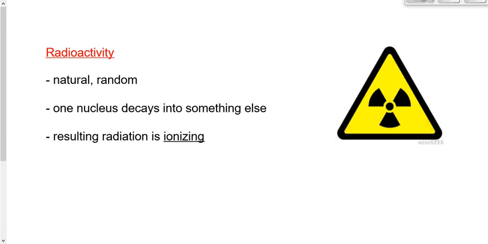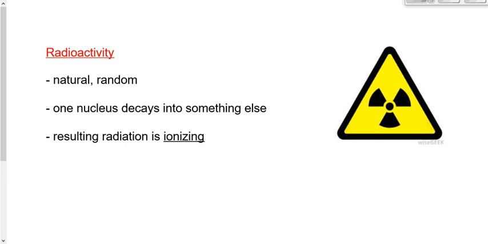But under certain circumstances, the nucleus can actually change and carbon can become nitrogen, or uranium could become thorium, or some other element could become some other element. It's alchemy, right? It's the conversion of one element into another.